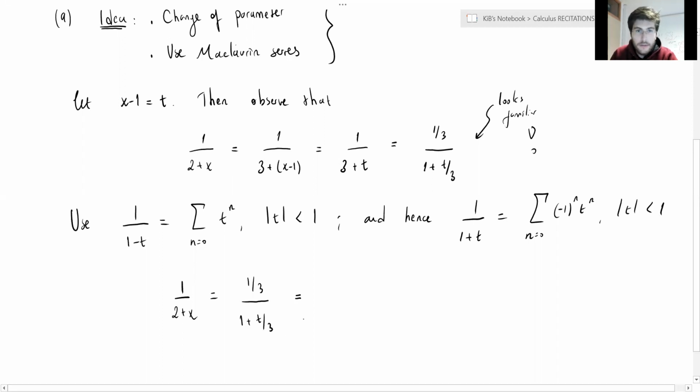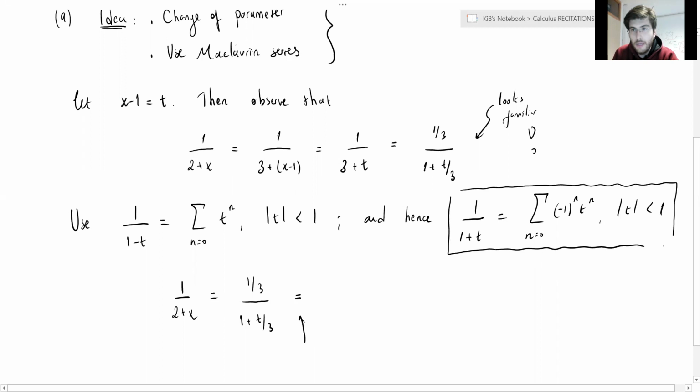So let's use it, but instead of t, we just replace it. Use this information; let me call it star.